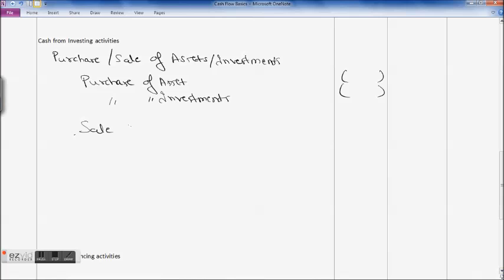And whenever there is a sale of an asset or a sale of investment, there is an inflow of cash, so you have to add it. So this is basically investing activities.